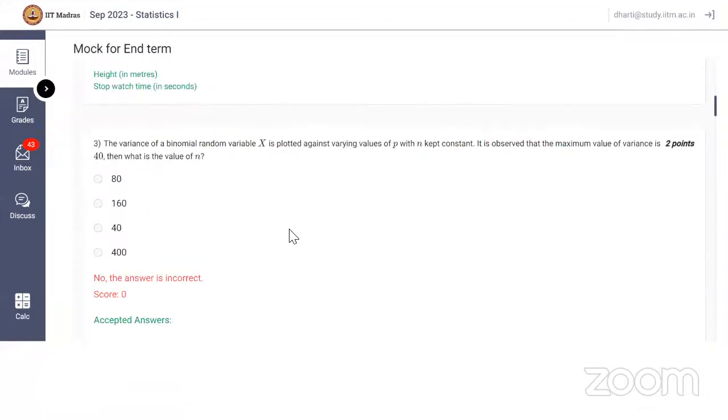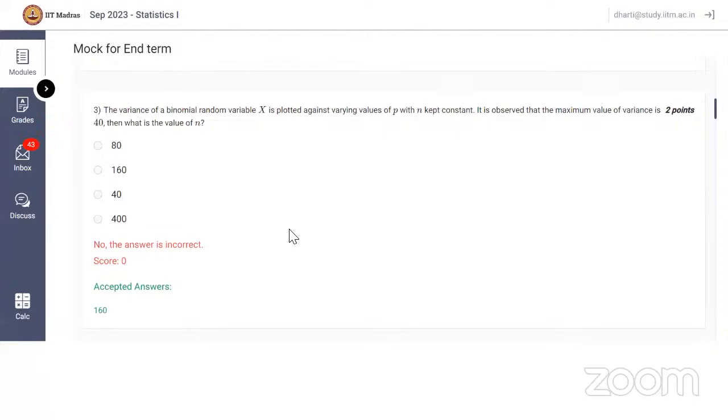Then, the variance of the binomial random variable X is plotted against varying values of p with n kept constant. It is observed that the maximum value of variance is 40. Then what is the value of n? How will you go with this? Ma'am, we know that the maximum value of variance comes when the probability is 0.5.